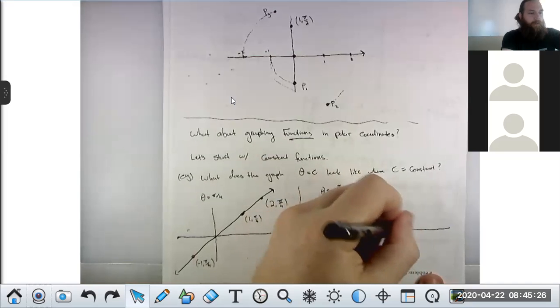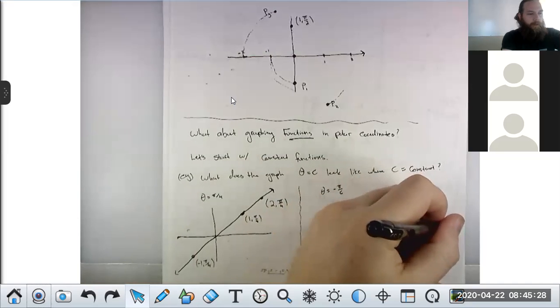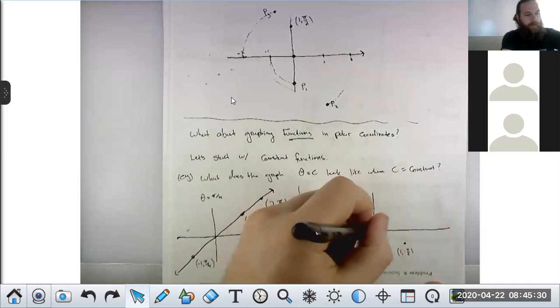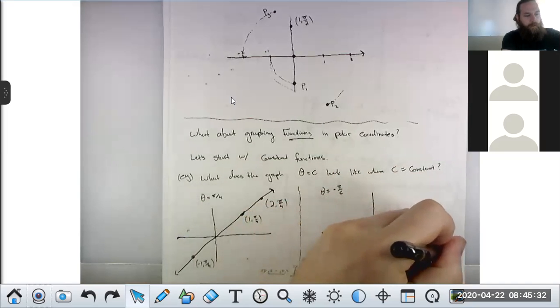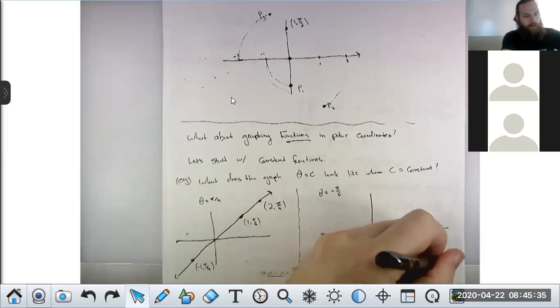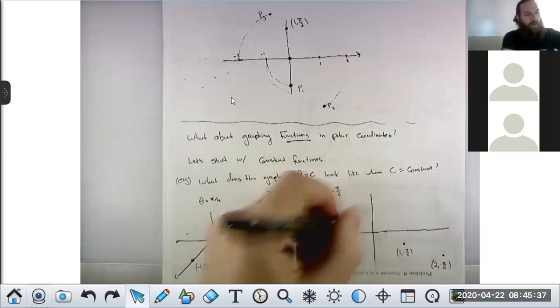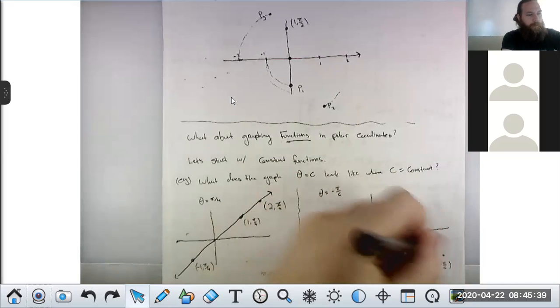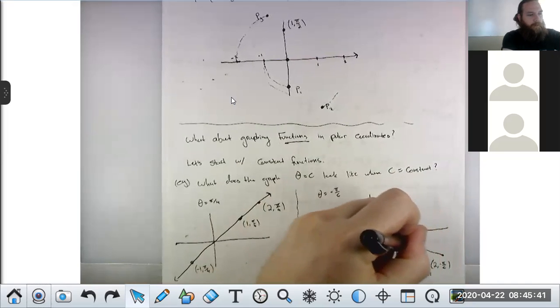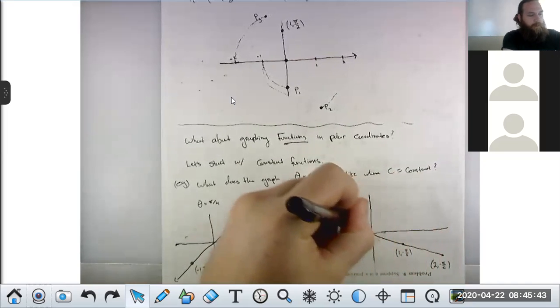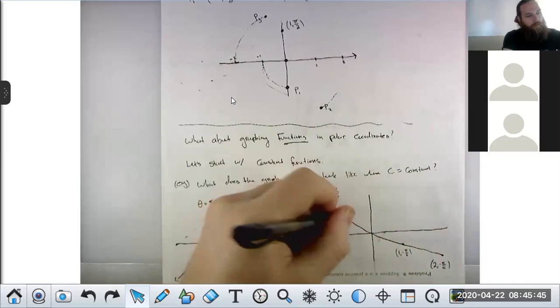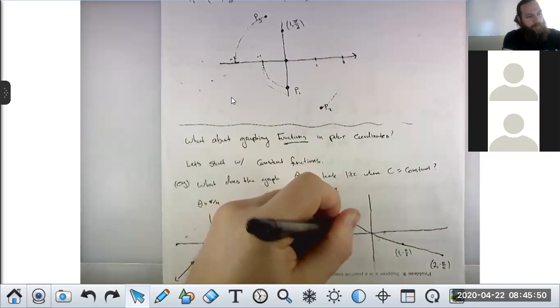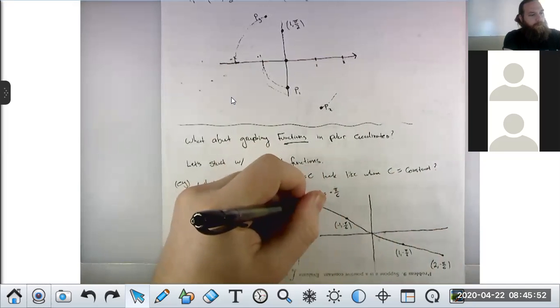Or I could come out to 2 comma negative pi over 6. Or I could come out to negative 1 comma negative pi over 6. And so on.